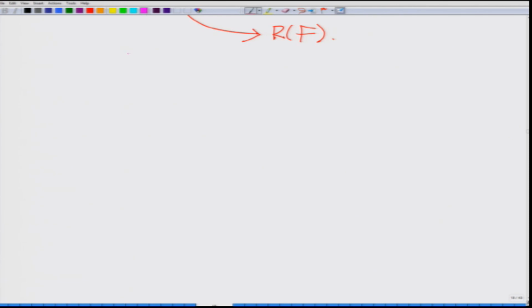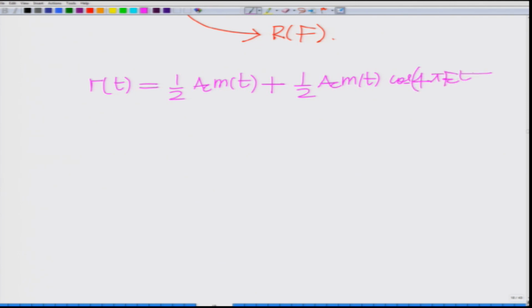R t equals half A c m t plus half A c m t cosine 4 pi f c t.